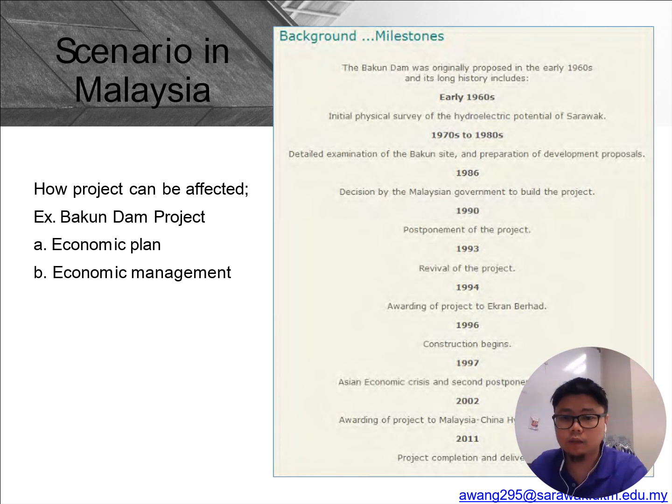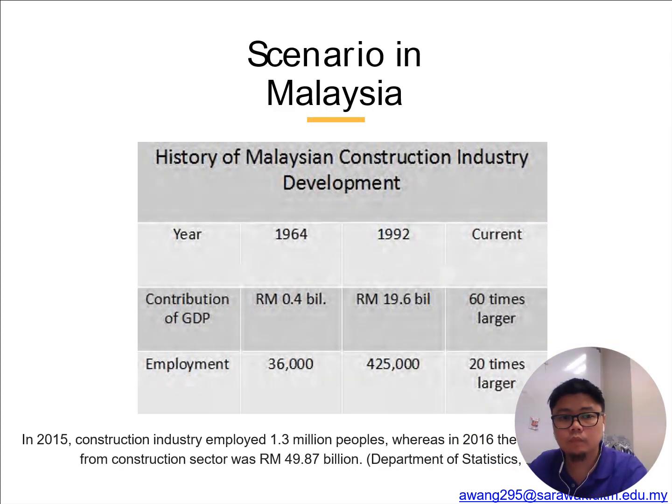See, it's quite a long and tough journey. You can also see here how major the implications of the construction industry are to Malaysia in the form of gross domestic product or GDP and also employment or job opportunities that were created from it. And the value keeps increasing.